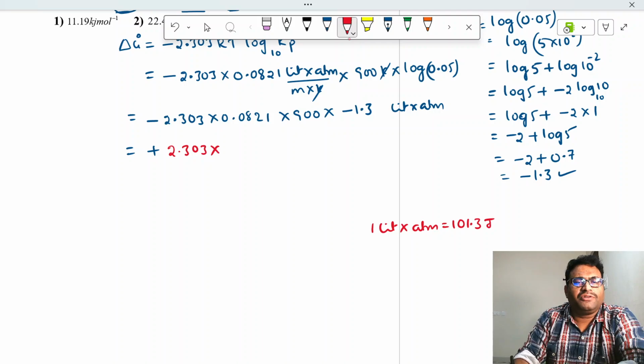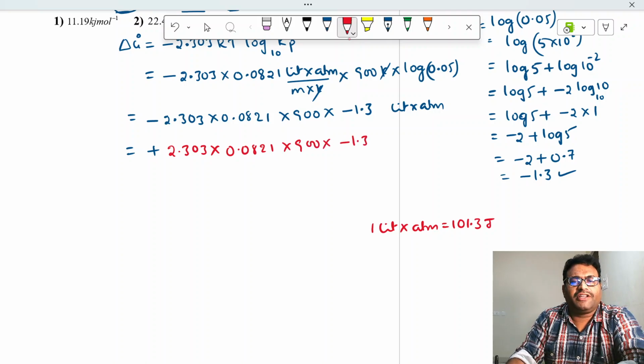So we get 2.303 into 0.0821 into 900 into 1.3, positive because minus into minus became plus, into 101.3 joules.